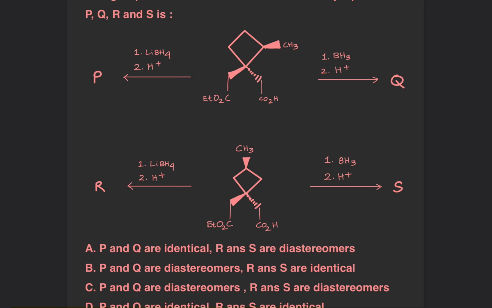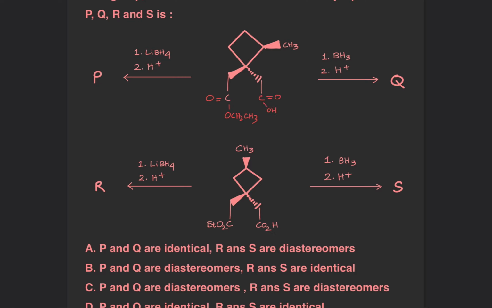Okay, I can write this group as C double bond O, single bond O, Et is ethyl, so CH2CH3, and I can write this group as C double bond O, OH.